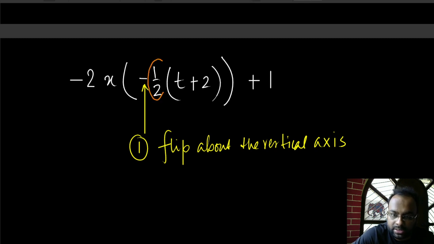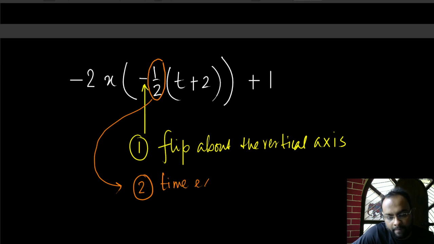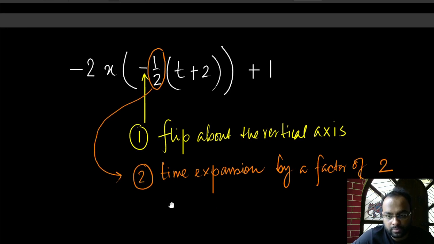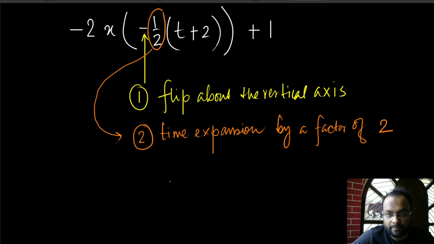Step number 2 is taking care of the half here. That's step number 2, so time expansion by a factor of 2. There is no multiplication with 3. Time expansion by a factor of 2, right?